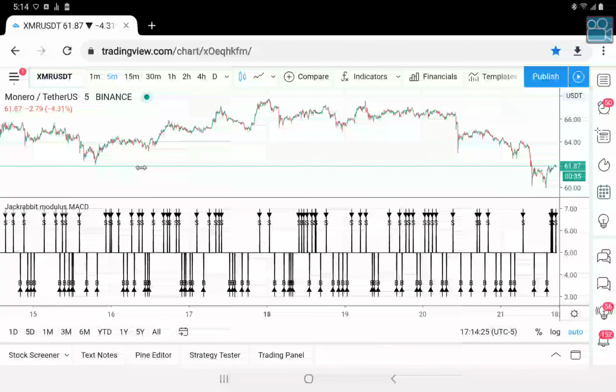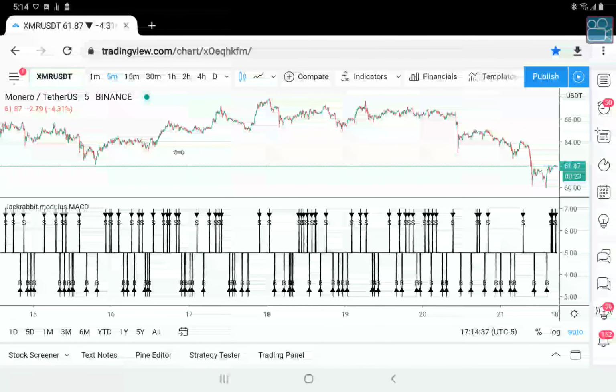Now before I start going through how to set this up, when you are using confirmation bias, it's because you want to use one or more coins to compare against the coin you actually want to buy.